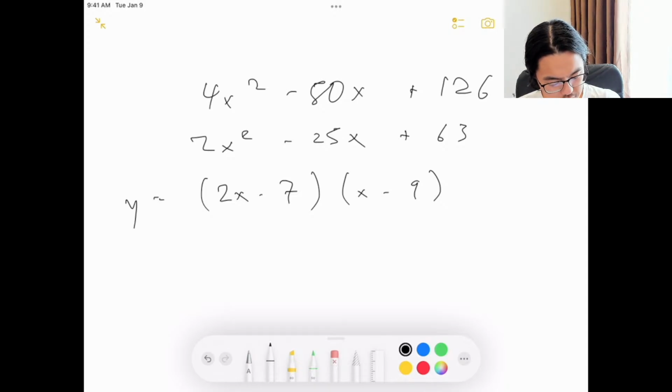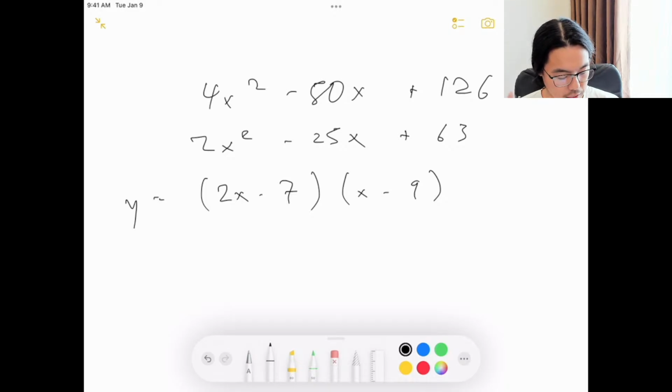Wait, also, isn't the lowest point... What if I put x is equal to 0? That's not even it. If I put x at 9, then we get y is equal to 0. If I put x at 7 halves, then we get y is equal to 0.